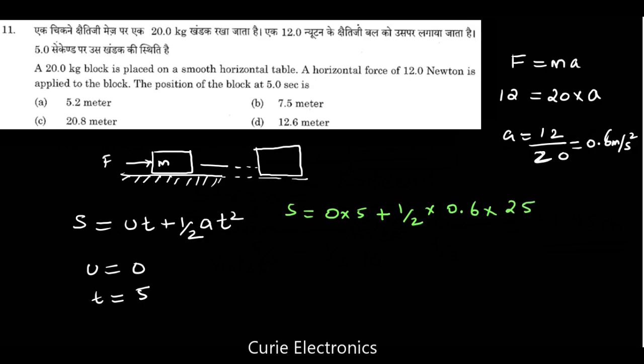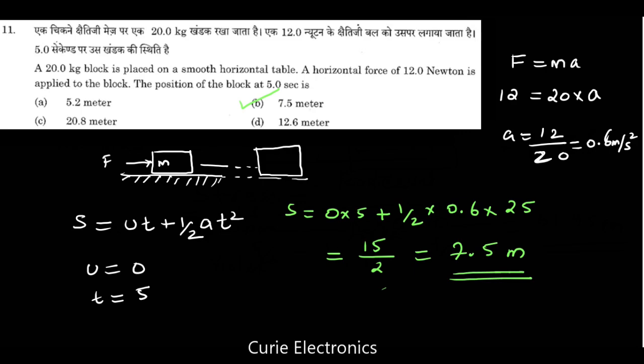If you simplify, 0.6 multiplied by 25 divided by 2 gives 15 upon 2, that is 7.5 meters. So the answer is option B, 7.5 meter.